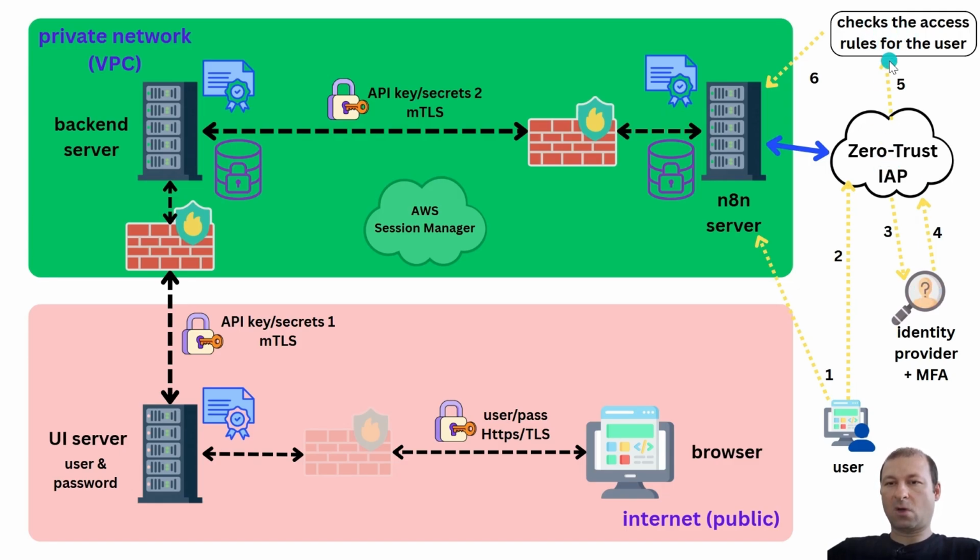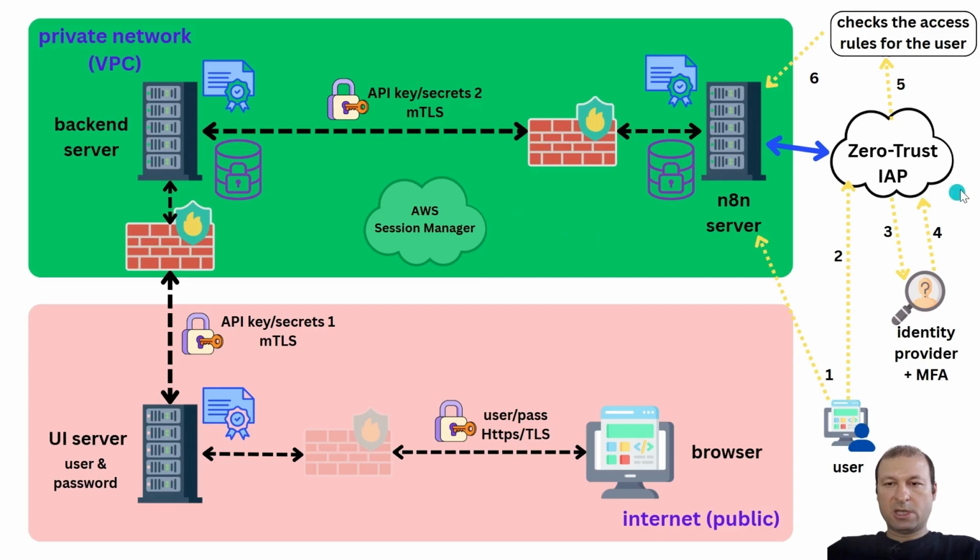And after all these checks are performed correctly, the user is redirected to the n8n server. So it is the URL the user tried to access initially when he was redirected to the IAP provider. Then, after all the checks, that URL is given access to, and the user will see that resource so he can actually manage his own n8n server.